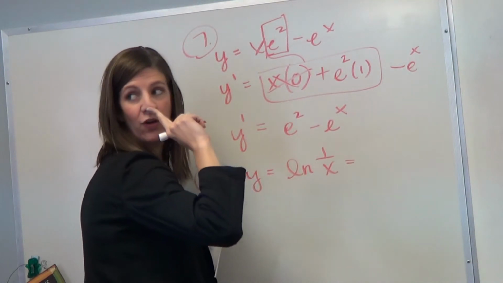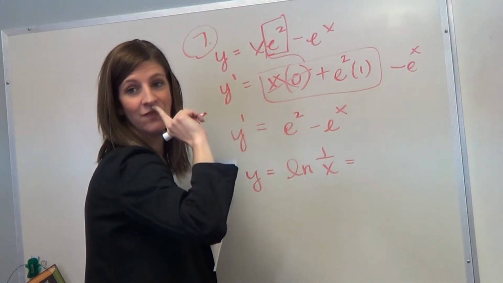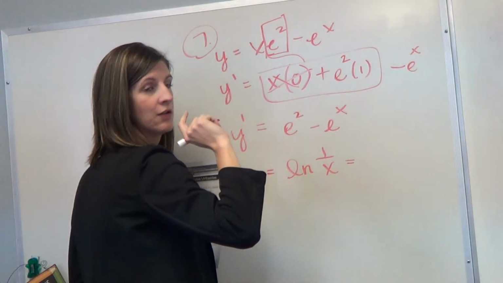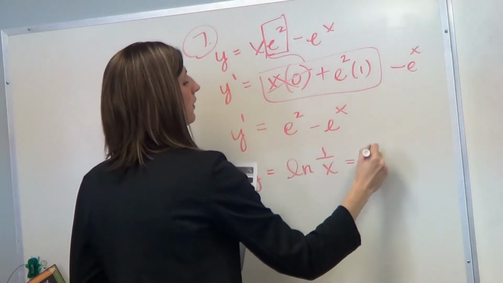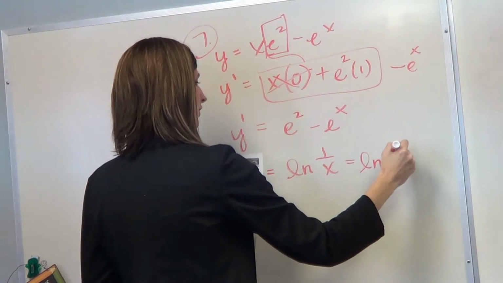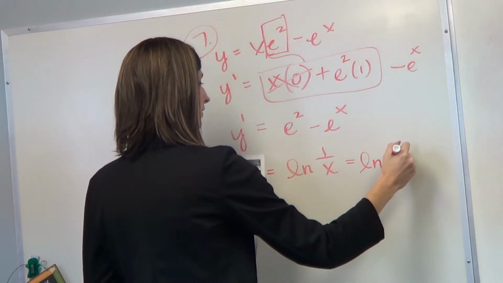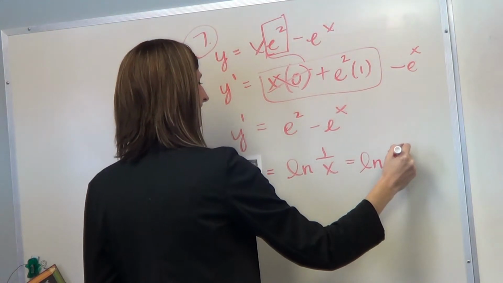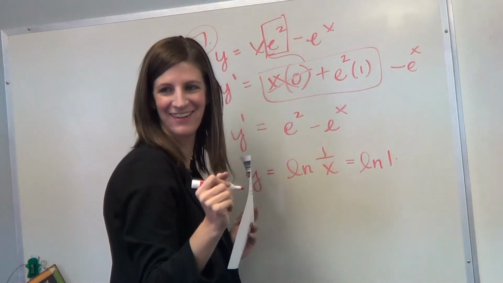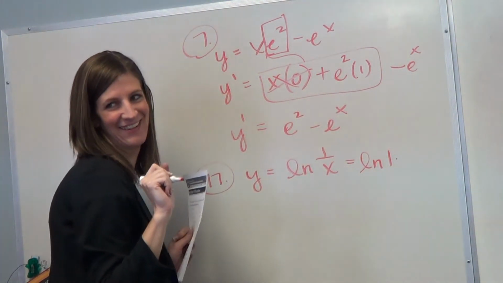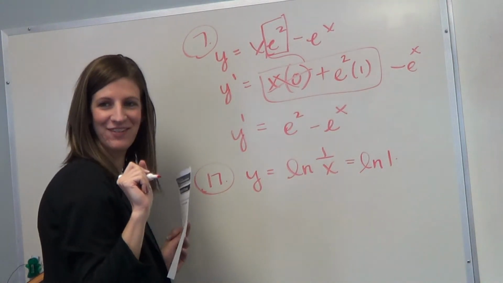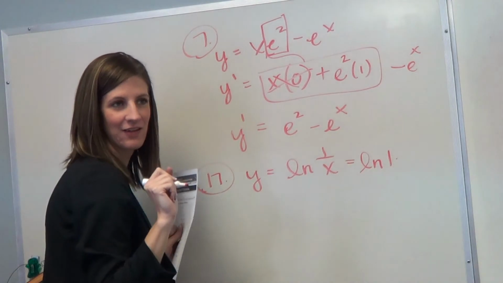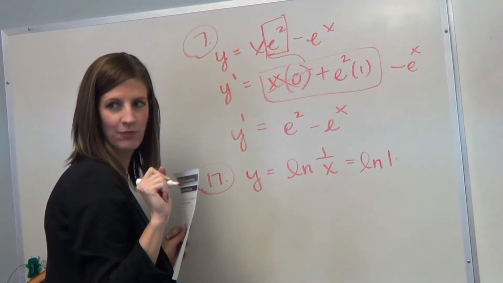Using the properties of logs. Would you use the quotient rule?